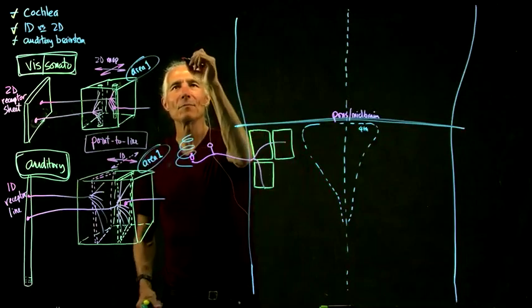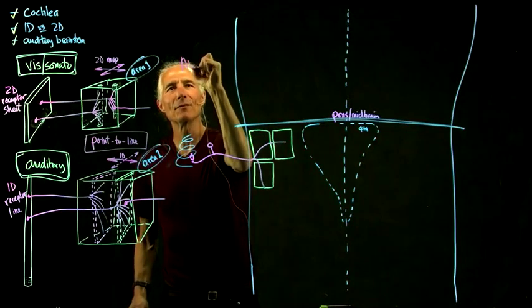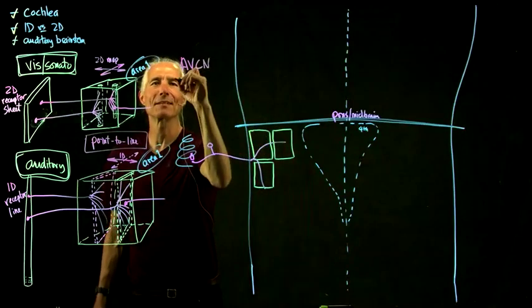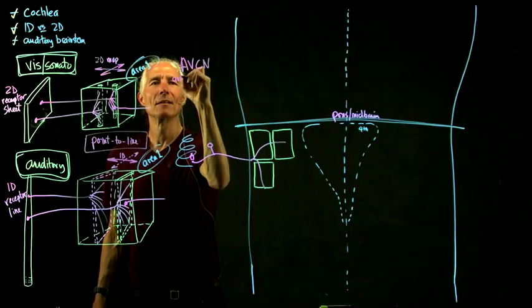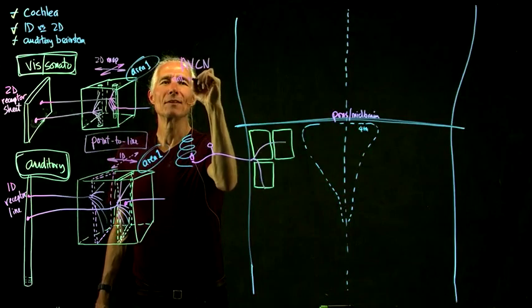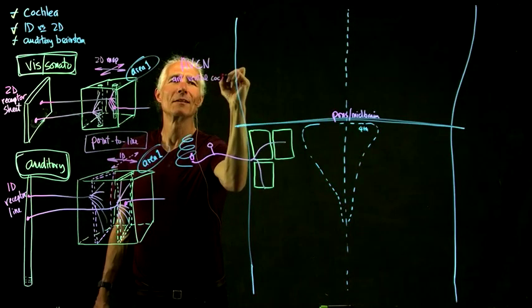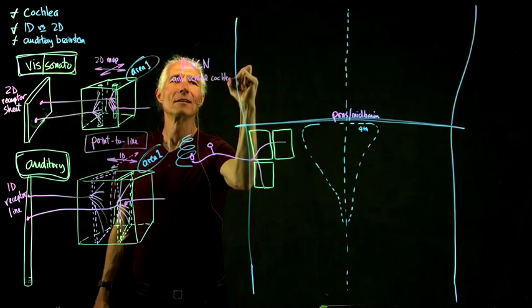So the first one is the anterior ventral cochlear nucleus, known as AVCN. So that's the anterior ventral, toward the stomach, cochlear nuke.